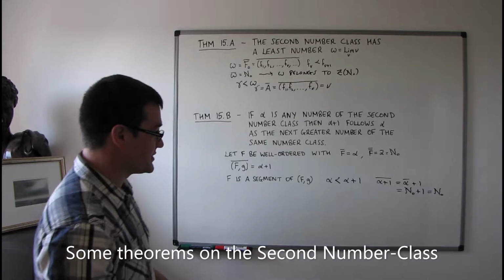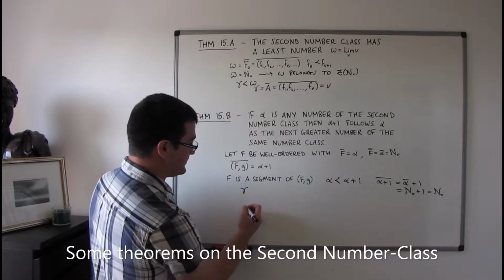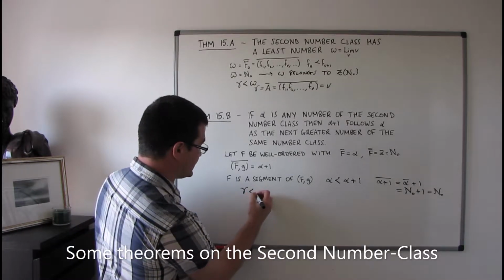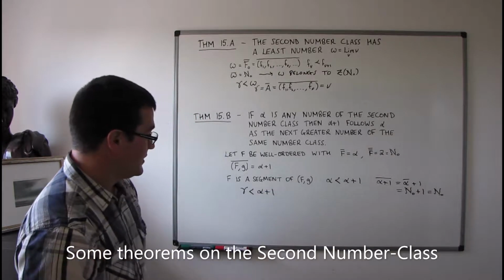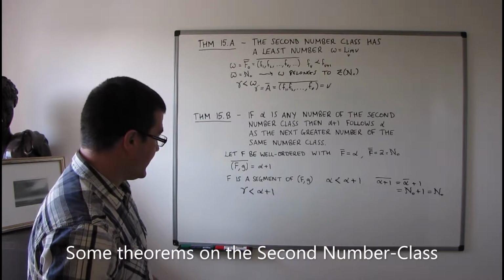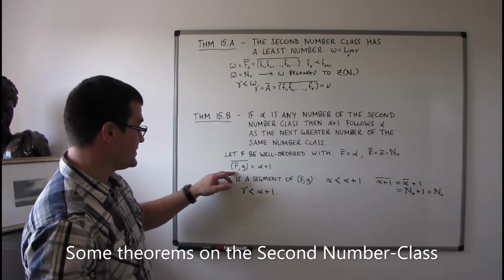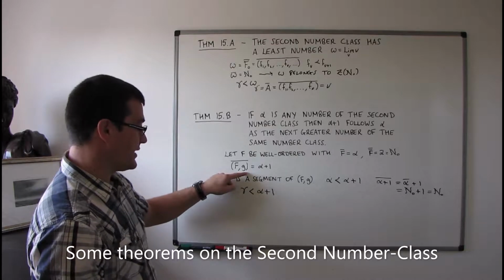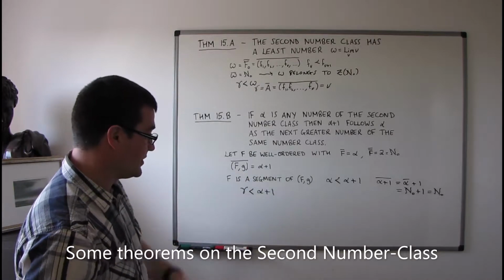This is not too difficult to do. Let's say that we've got a gamma, some ordinal number that is less than alpha plus 1. Then there must be, because gamma is less than the ordinal number of this union aggregate, some segment of this union aggregate which has the ordinal number gamma.